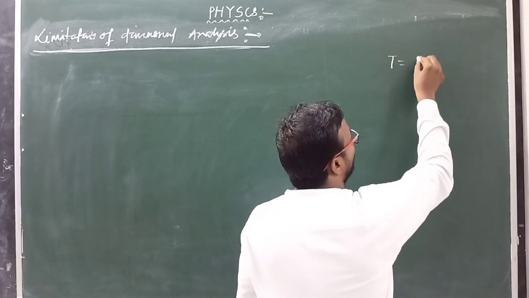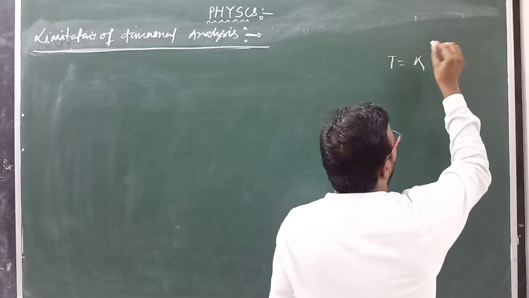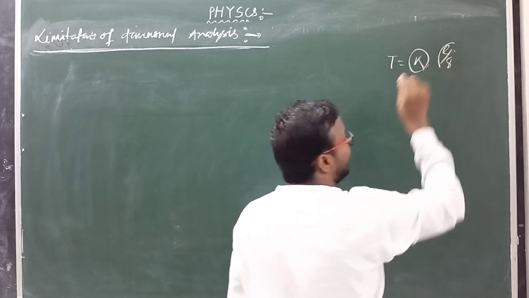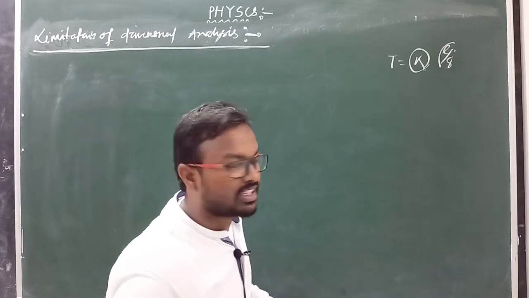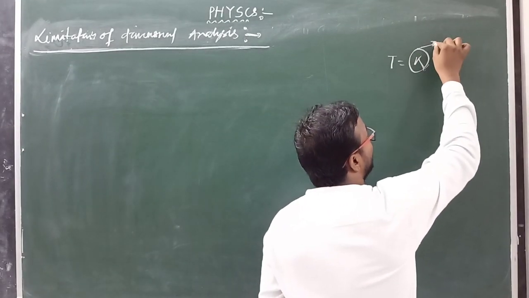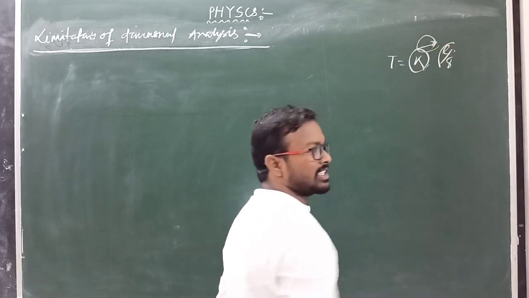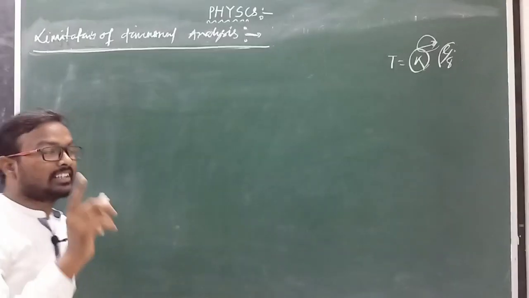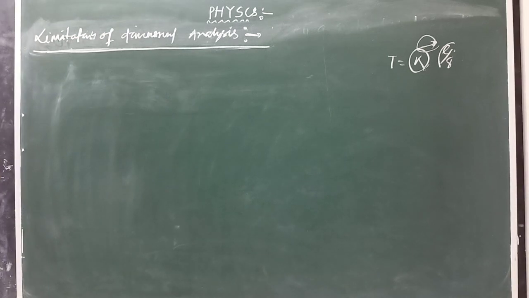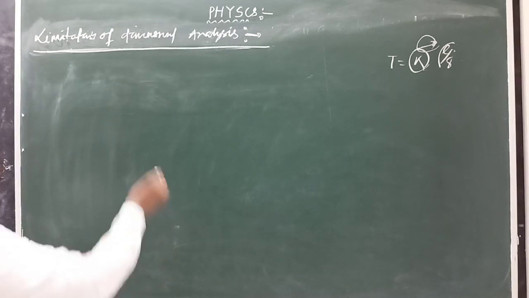Suppose T equal to K under root L by G. What is K? K is the proportionality constant, and its value we cannot find by using dimensional analysis. So this is the most important limitation of dimensional analysis. That means it is unable to provide the value.